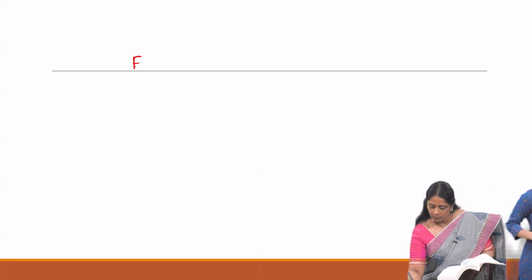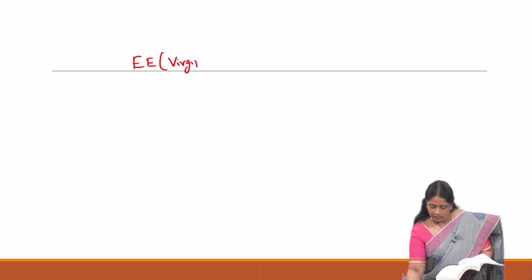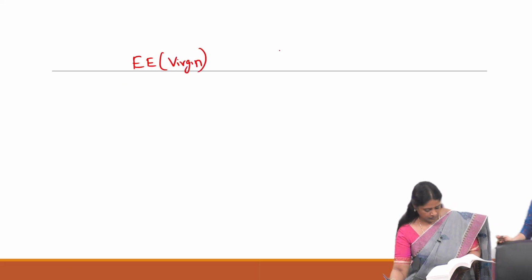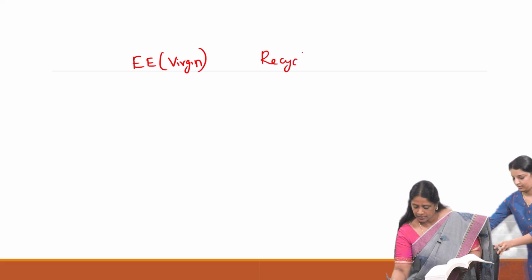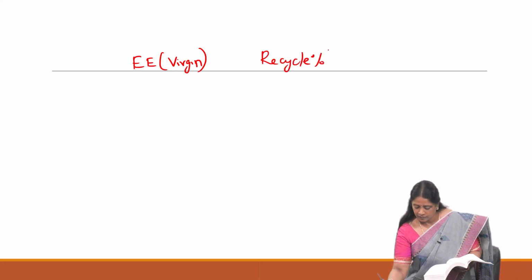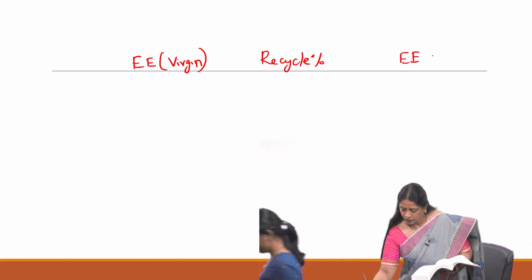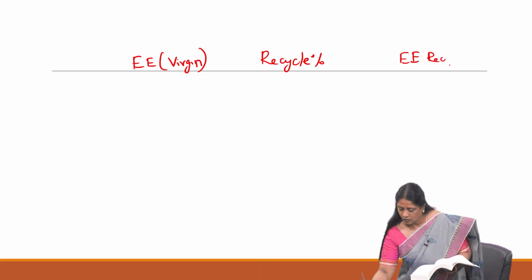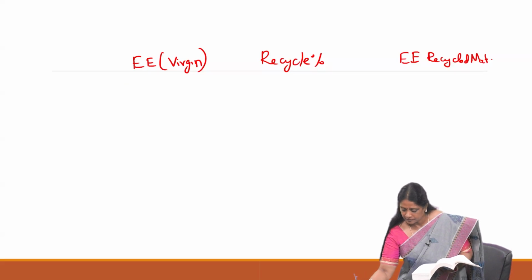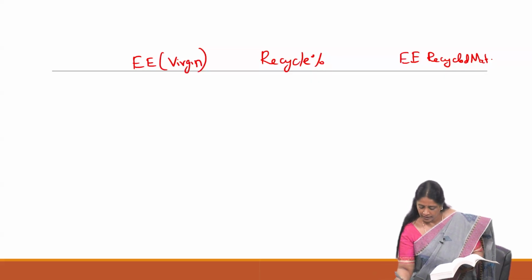So it's the embodied energy of virgin, the recycle percentage, the embodied energy for recycling or recycled material, and then the mass.